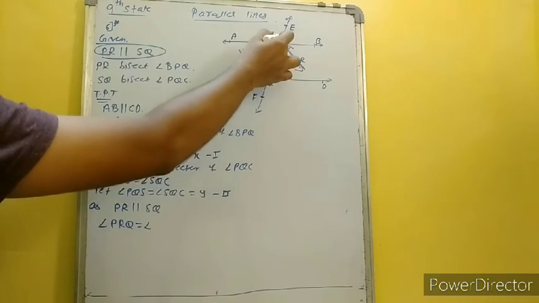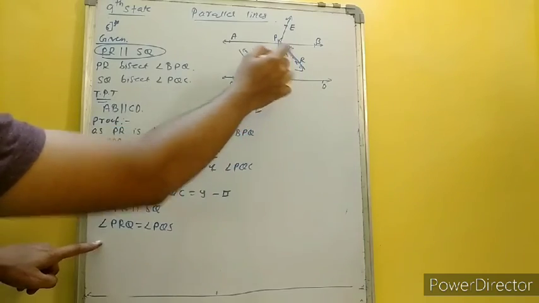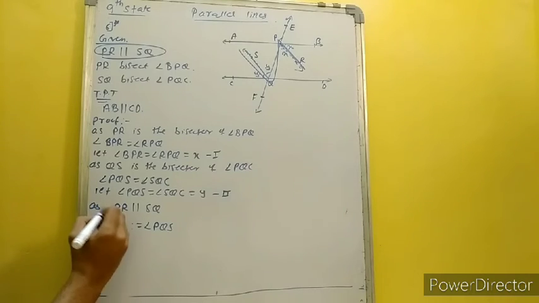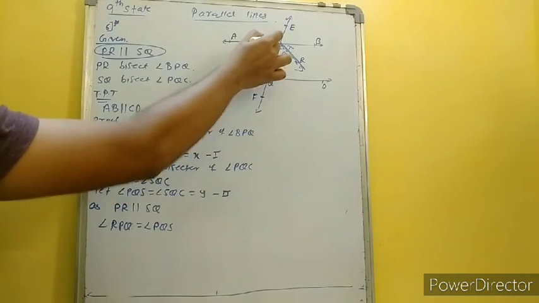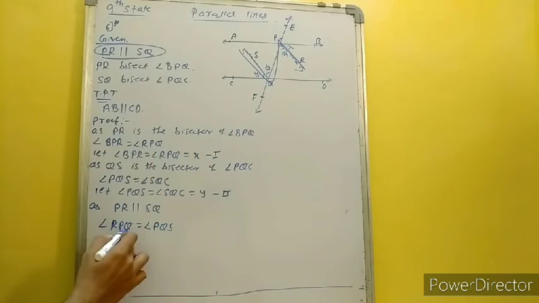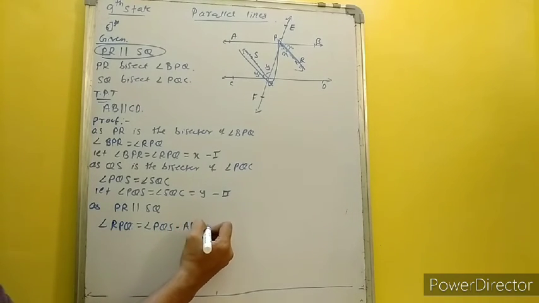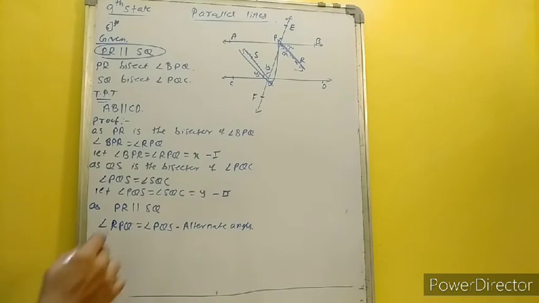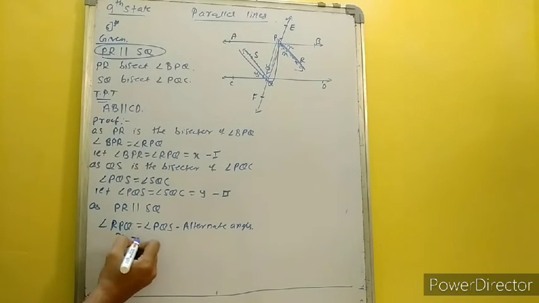Again I will see, it should be RPQ: RPQ is equal to PQS, alternate angles. Okay, see, they are forming Z. RPQ is equal to PQS. This is X and this is Y.